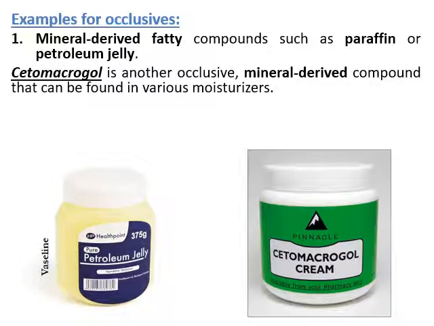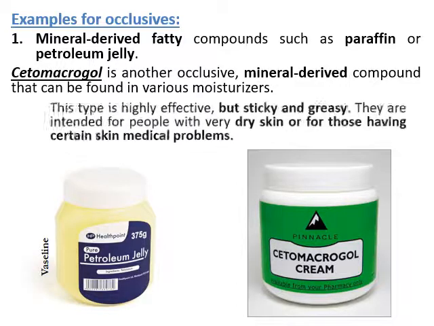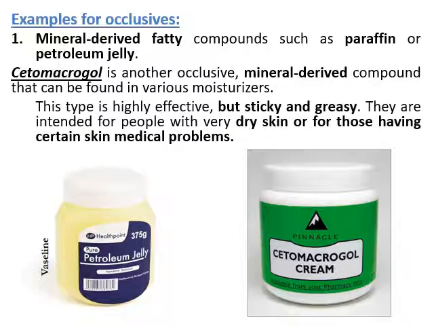We have different examples of occlusives. The first type is mineral-derived occlusives, like paraffin or petroleum jelly. Petroleum jelly is called Vaseline. There is another type of mineral-derived occlusives that can be used as moisturizers. This type is called cetomacrogol.